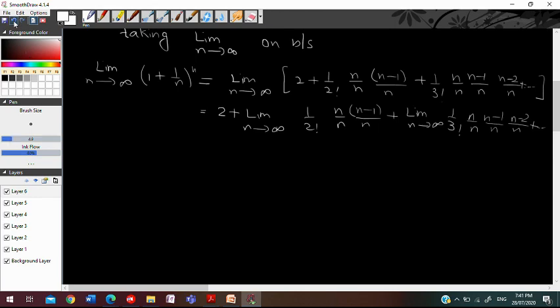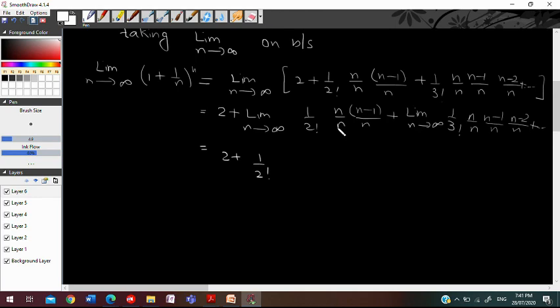Now when we apply the limit, we have 2 plus 1 by 2 factorial, and n divided by n would mean infinity divided by infinity.